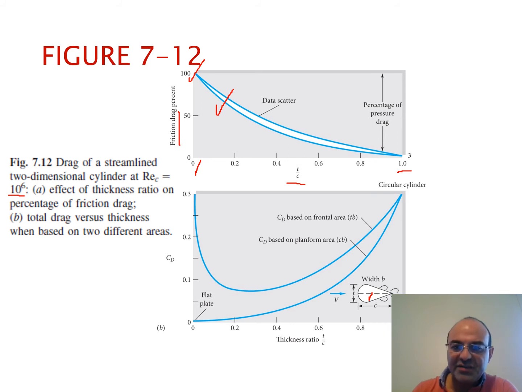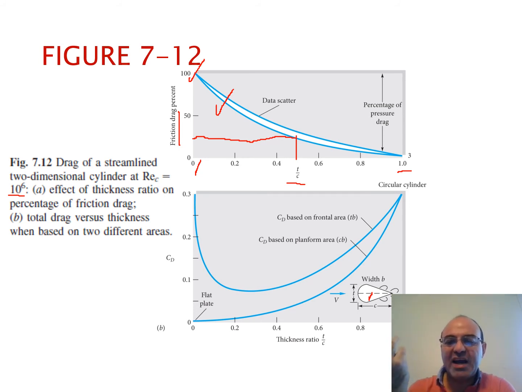For instance, if T over C is 1/2, something close to what you see visually in this picture, where T is almost half of C, then you see that about 25% of the drag is because of friction and 75% is because of pressure. This is the data scattered based on experimental data.